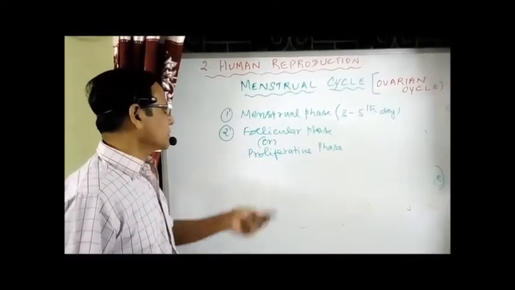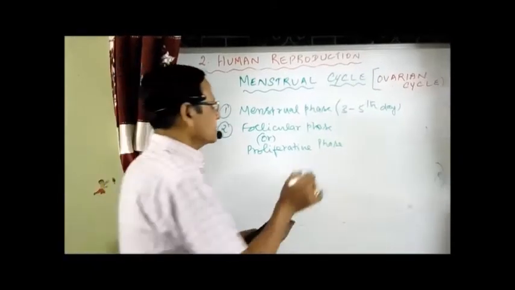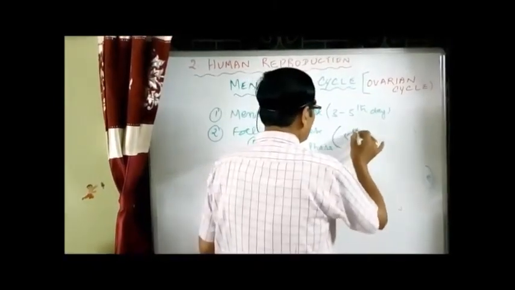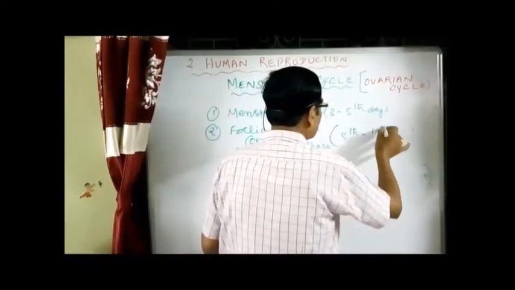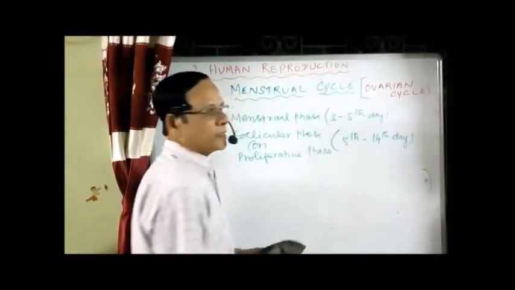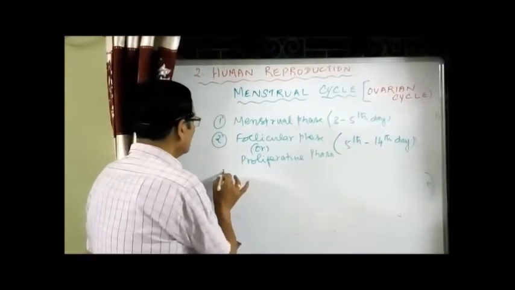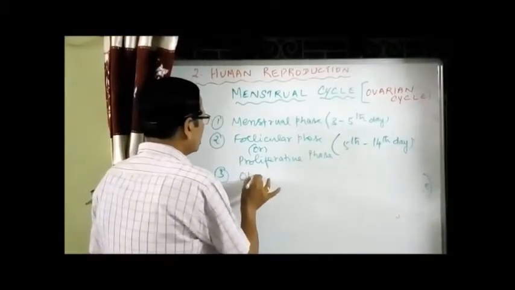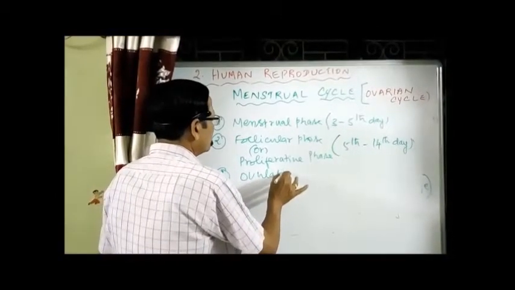That's why it's called the follicular or proliferative phase. It is from the 5th to 14th day, roughly about 10 days. Then the next one, the ovulatory phase.